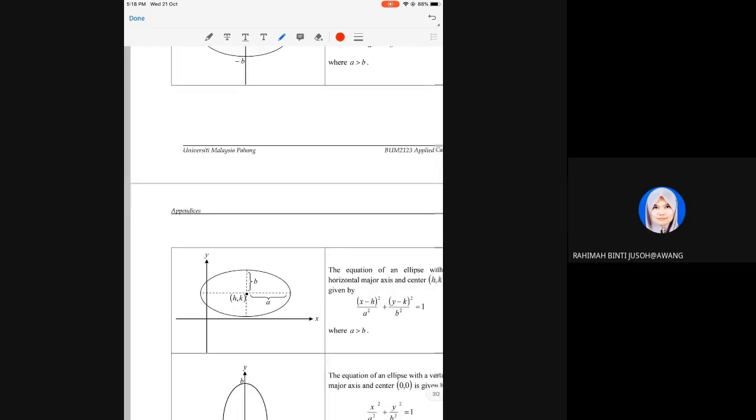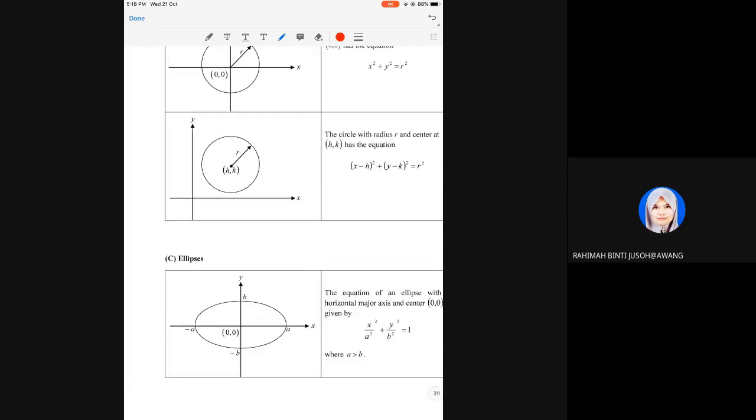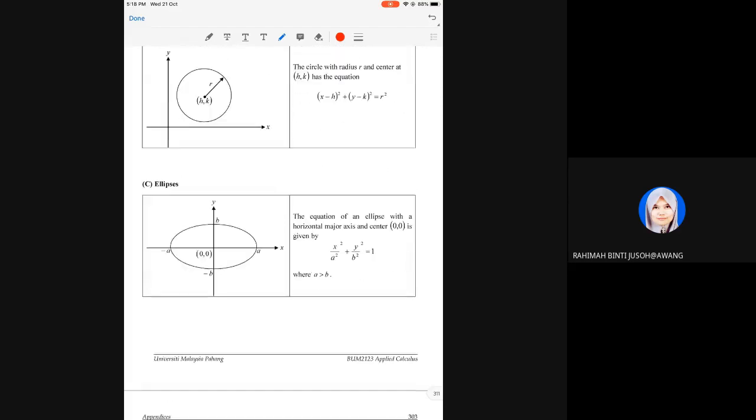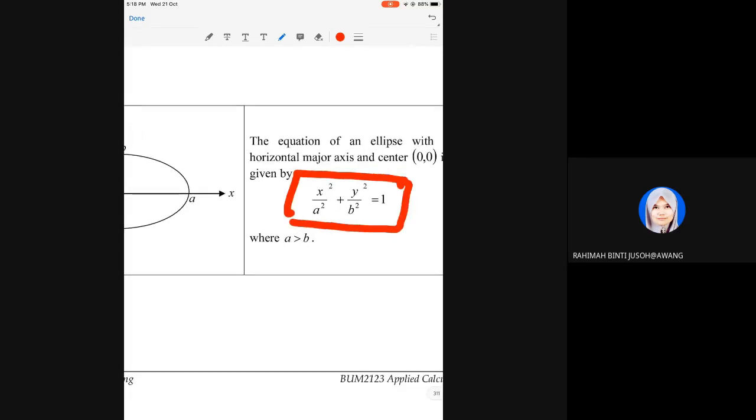Okay, equation kita macam ni. Kalau dia ada A dengan B, X squared over A squared, Y squared over B squared equals to 1. A dengan B nilai dia lain-lain, dia akan jadi ellipse.